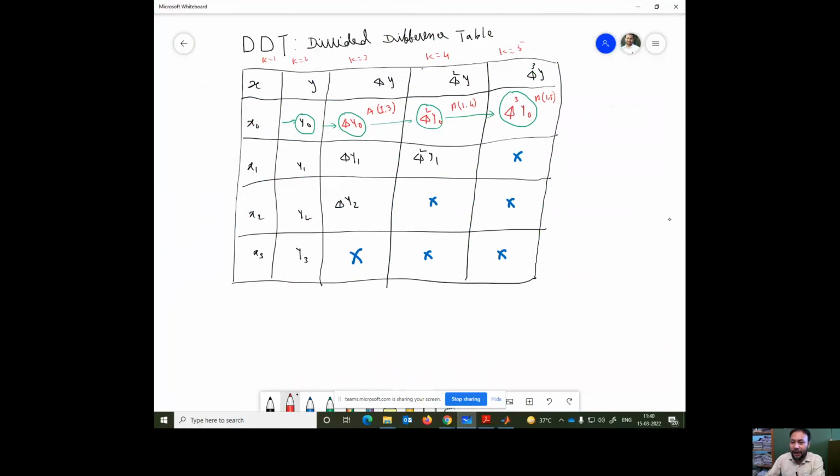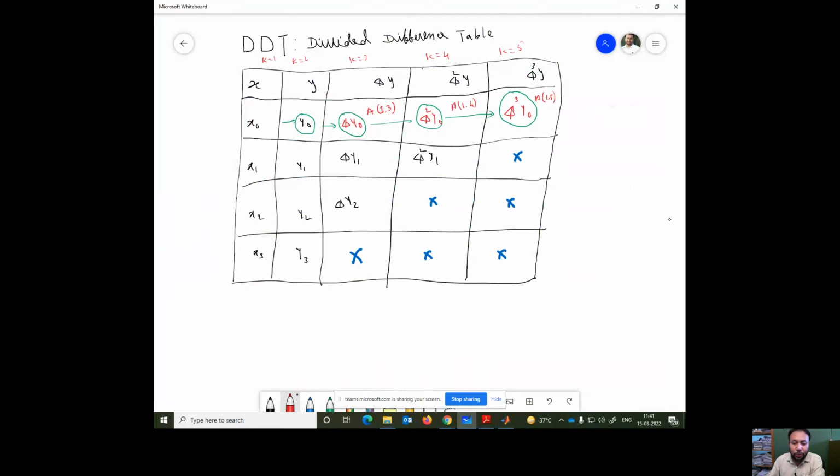This table we constructed in the previous lab session, where we developed an algorithm for how the values of delta y1, delta y2, delta square y1, delta y0, delta square y0, delta cube y0 are calculated. We have already discussed it in the previous lab session.